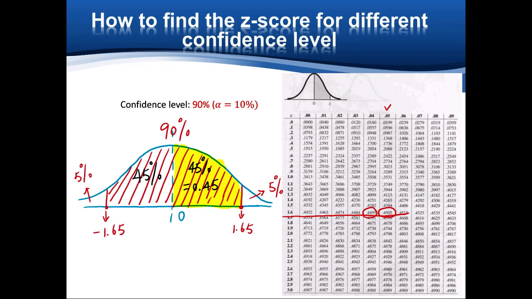For confidence level 90%, where alpha is 10%, the area in yellow, which is the table value in z-table, is 45%. And we can find the corresponding z-score is 1.64 or 1.65. And we can use 1.65 in the future.